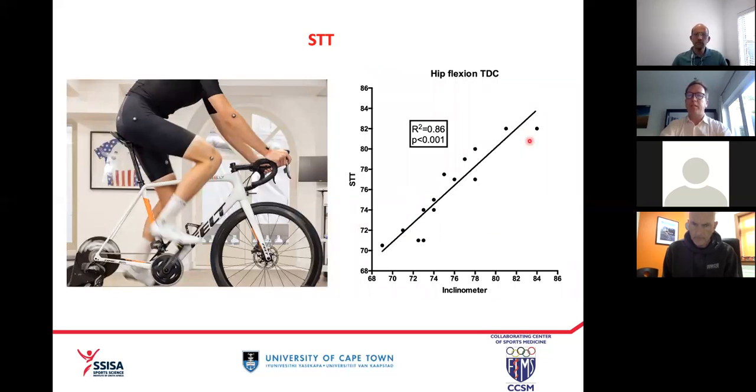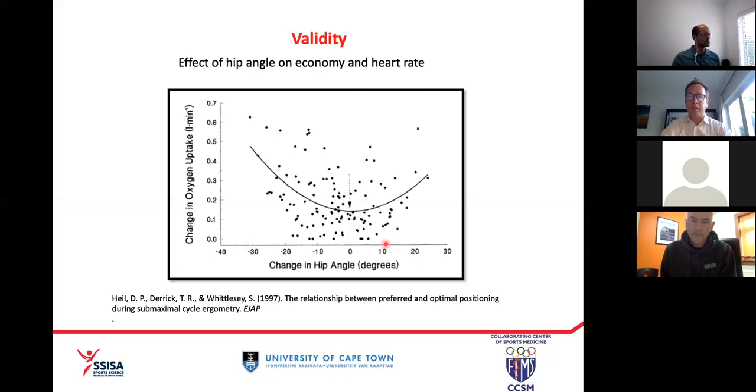And this is unpublished data, but if you look at the relationship between inclinometer measures and active cycling measures from STT using those markers, which very closely resemble the segments that we're using in the inclinometer, you can see that there is a very tight relationship between the two. And so what we see from this is that statically measured hip flexion angles and dynamically measured hip flexion angles, when using the marker set that we are using at the moment, are extremely well correlated and actually reflect the same thing.